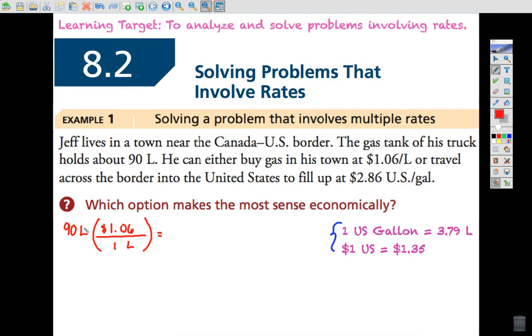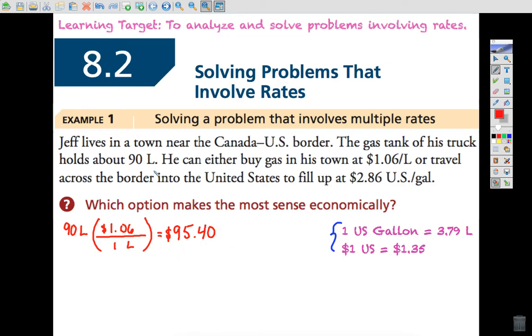We'll signify that with the red. Math-wise, we're going to do 90 times 1.06 divided by 1, which is not really going to change anything. So in the calculator, I'm doing 90 times 1.06. It's going to cost me $95.40 Canadian to fill up my tank.